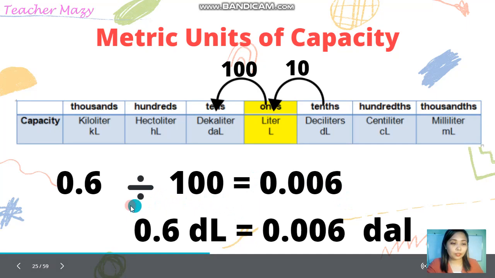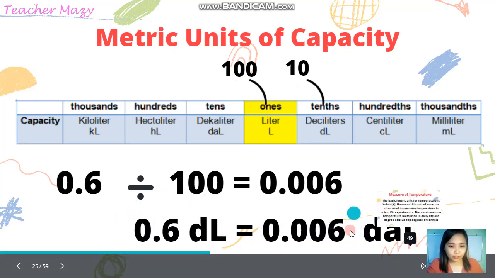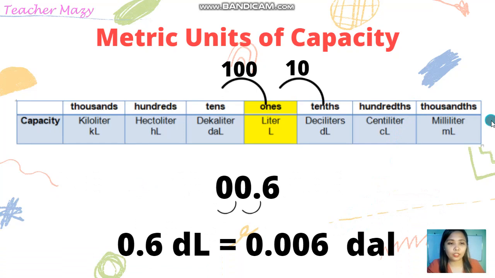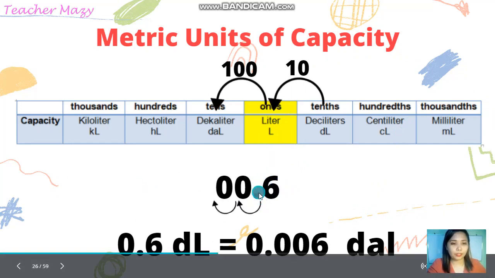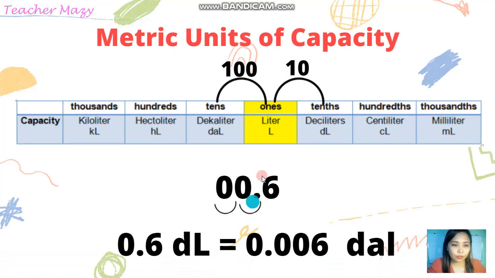So, that means for every 0.6 deciliter, we have 6 thousandths decaliter. So, let's use another method, yung shifting ng ating decimal, of course. So, we start where the decimal point is placed. So, from this one, let's shift to the left twice. 1, 2. Ayan, so nandito na ang ating decimal point.